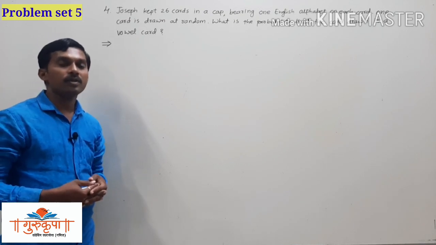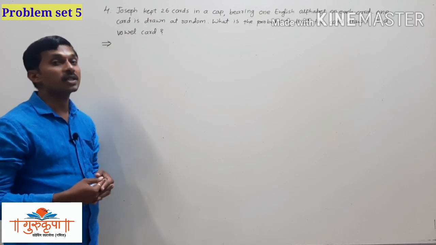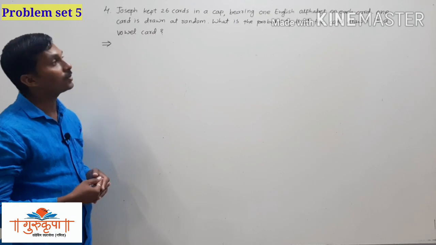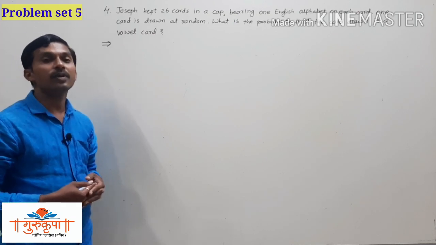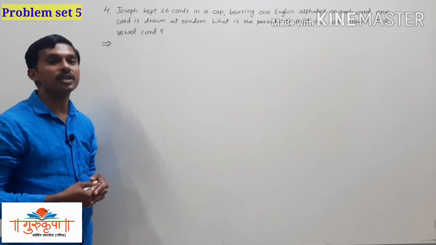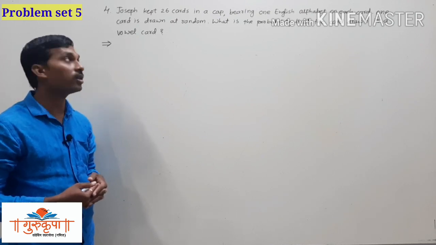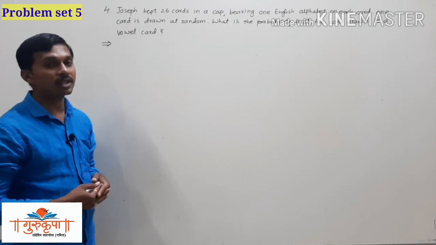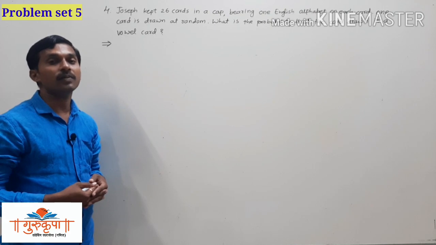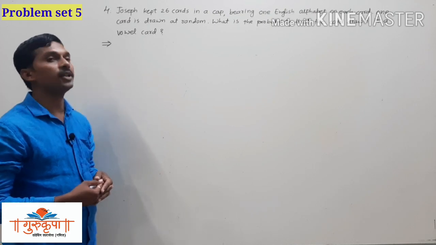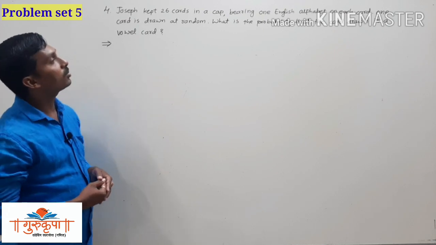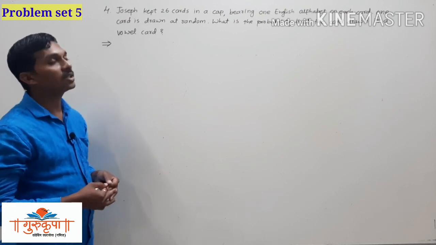In a cap, Joseph put 26 cards, and on each and every card one alphabet is written, from A to Z, 26 alphabets in all. Now we have to find the probability that the card drawn is a vowel card.